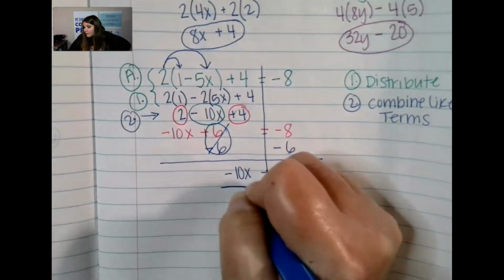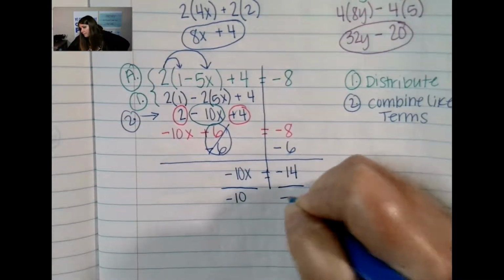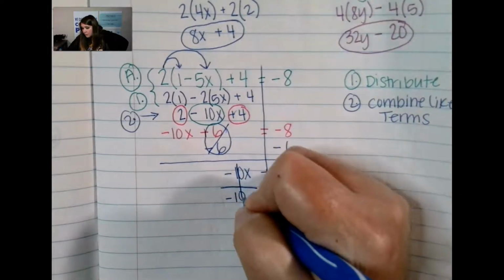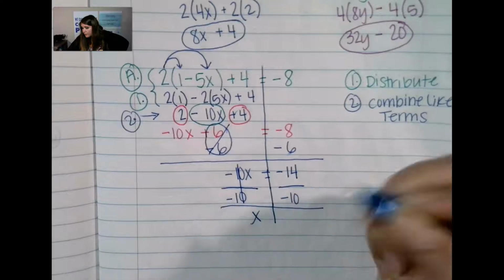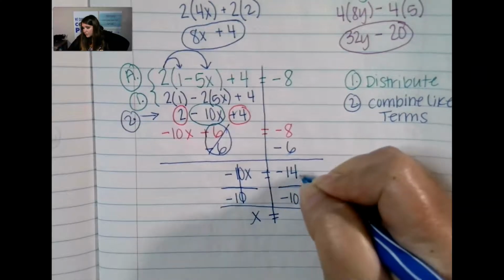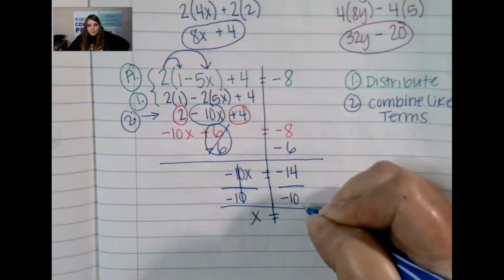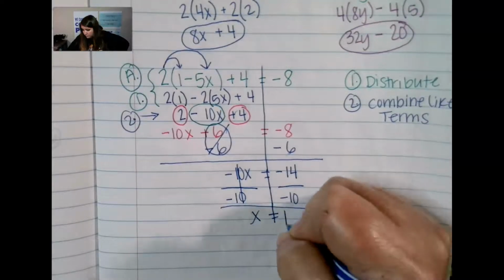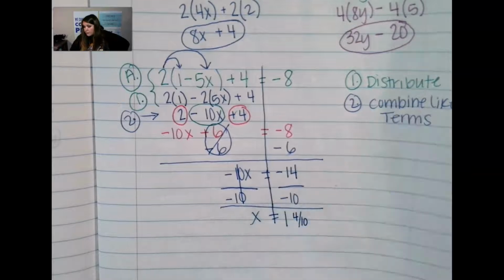Okay, so now we're going to divide by negative 10 and divide by negative 10. This becomes 1x, and this x equals 14 divided by 10, which gives us a positive. I can pull out one whole with 4/10 left over.